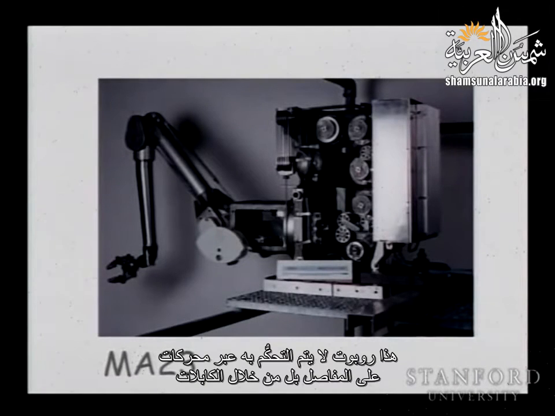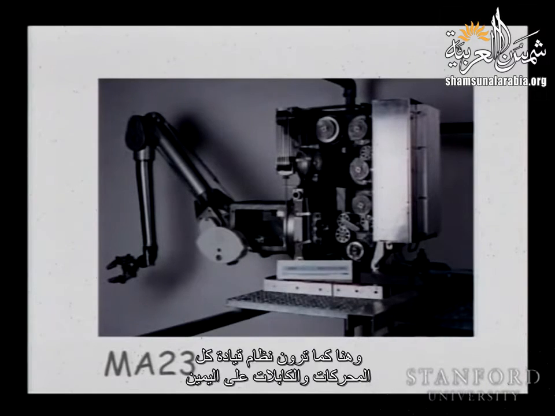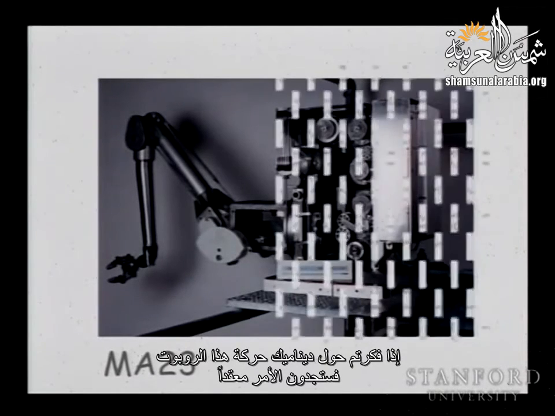This is a robot that is controlled not by motors on the joints, but by cables. So really the active part of the robot is from here to there, and here you see all the motors and the cable-driven system that is on the right. Now if you think about the dynamics of this robot, it gets to be really complicated.